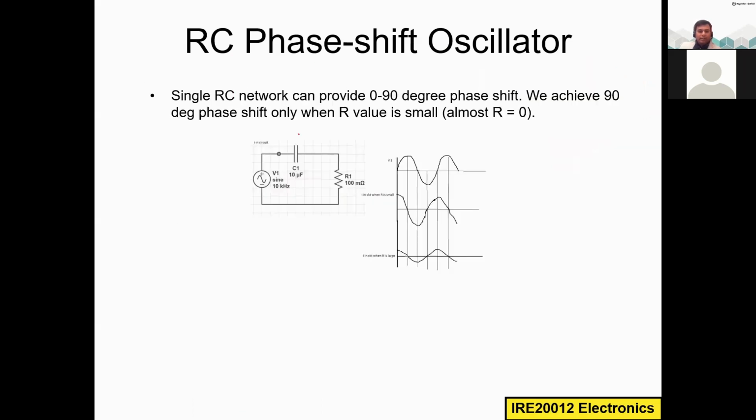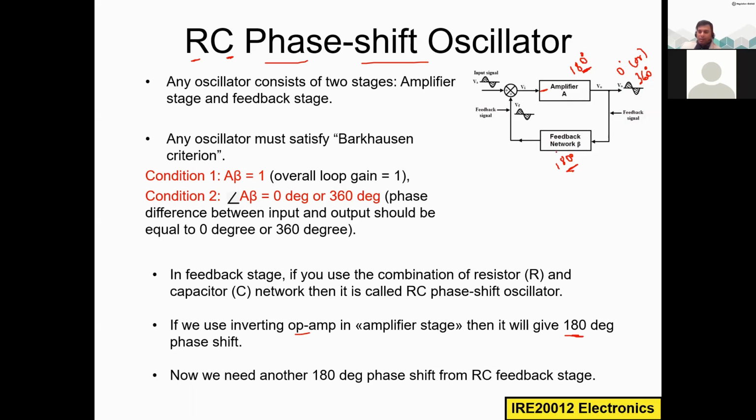So now we will see the RC network. This is the resistor and this is the capacitor. I mentioned here the RC network must provide 180 degree phase shift.